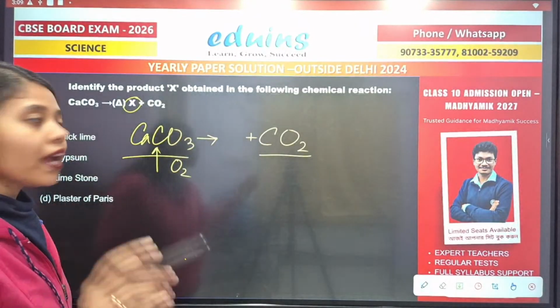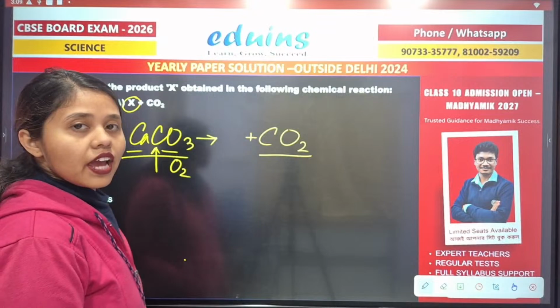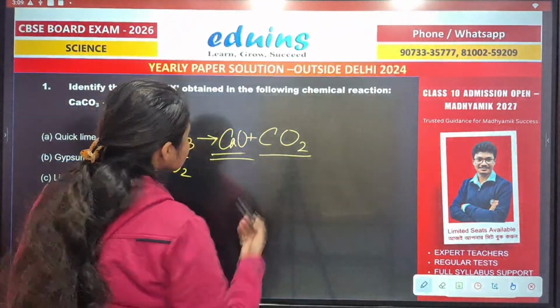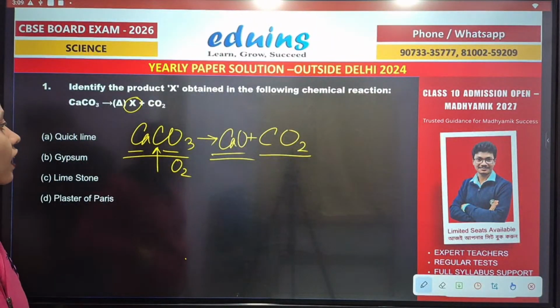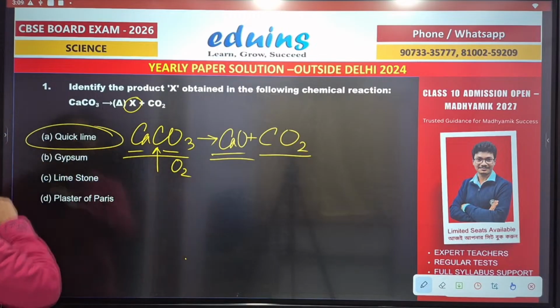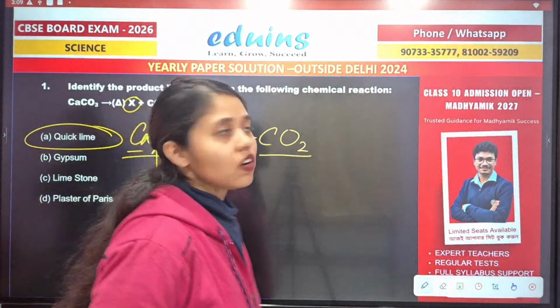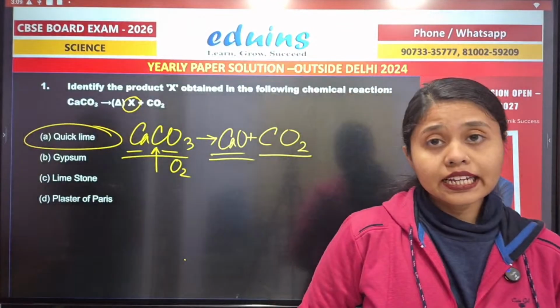So there remains only Ca and one of the oxygen atoms, so there is CaO. What is the name of CaO? Quicklime, or calcium oxide. So the answer is quicklime. Then we go for the next question.